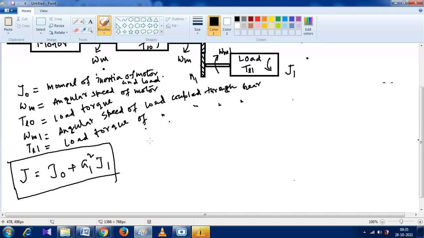So if we consider the efficiency eta 1, which is called transmission efficiency, how much power is transmitted to that load?